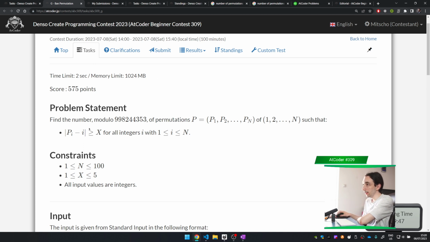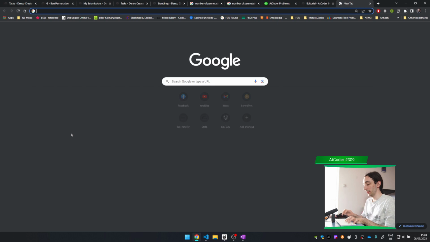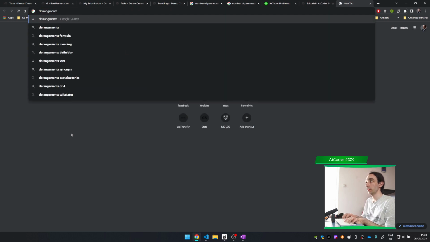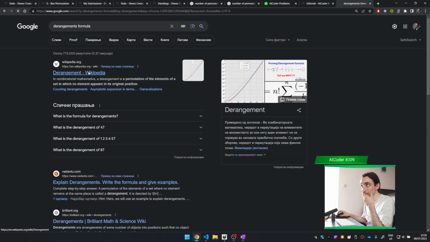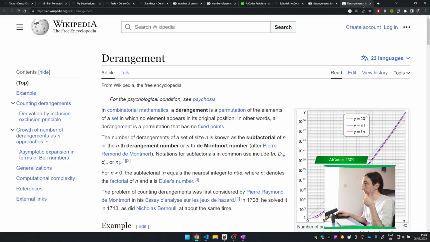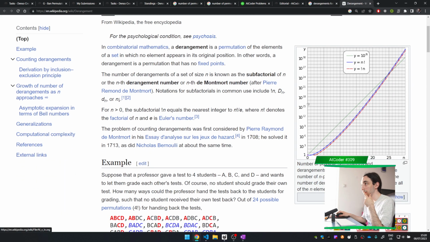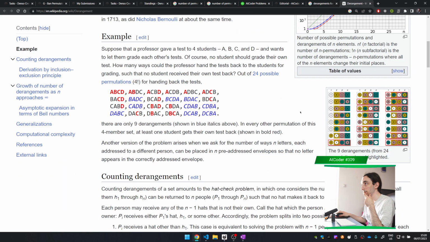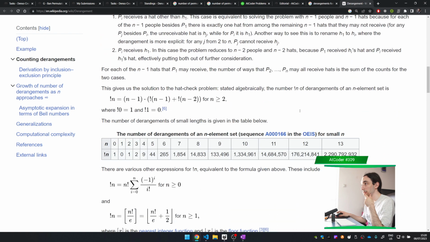So if i is equal to 1, it's derangements. Derangements are for i equal to 1.